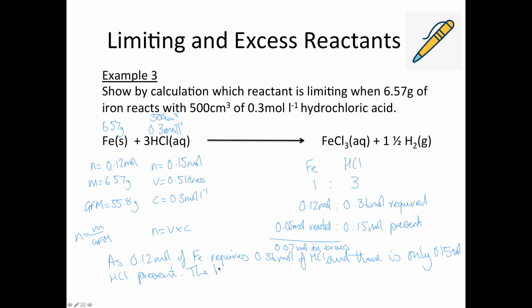The HCl is limiting, and the iron is in excess by 0.07 mole. Okay, so it's exactly the same process, but you just have to use a different mole relationship to work out the number of moles of hydrochloric acid because it is a solution.